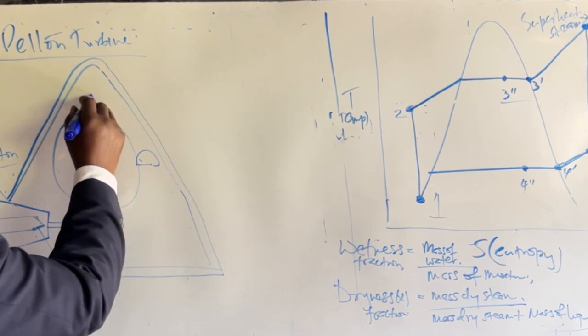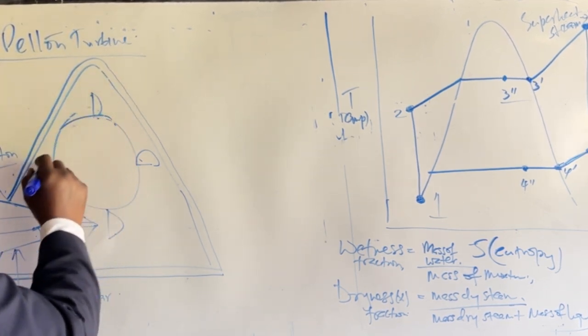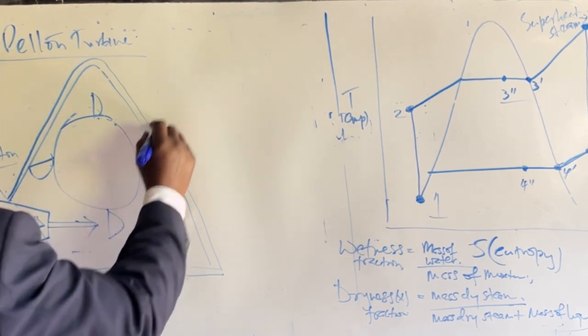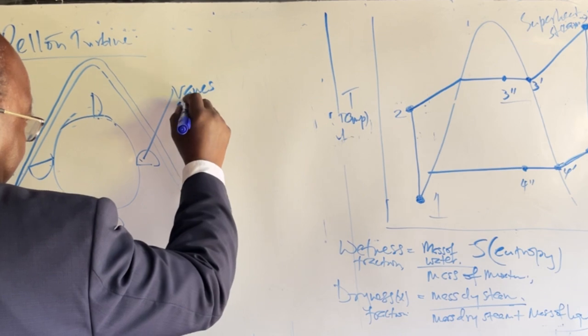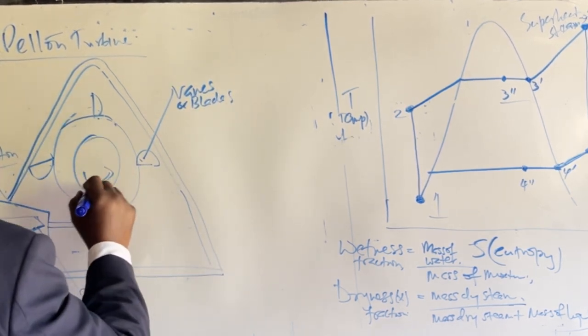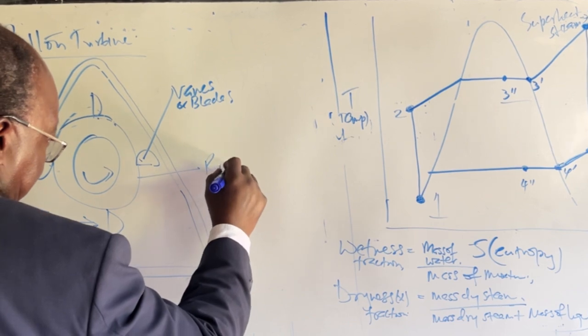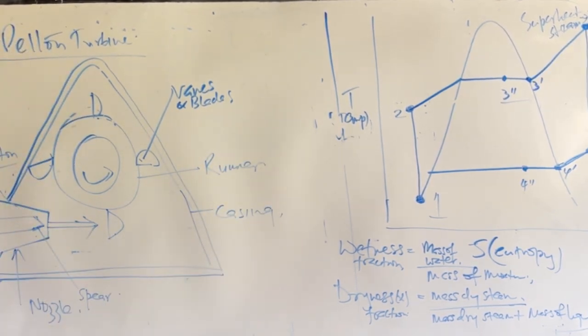Just a sketch. We have our vanes or blades. We have our runner here. And that is the casing.